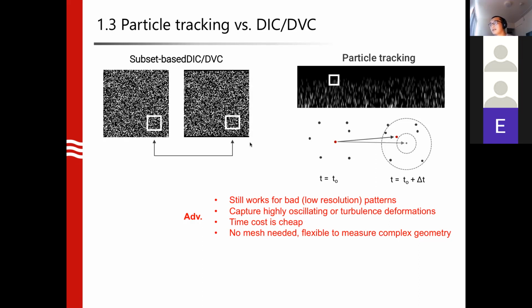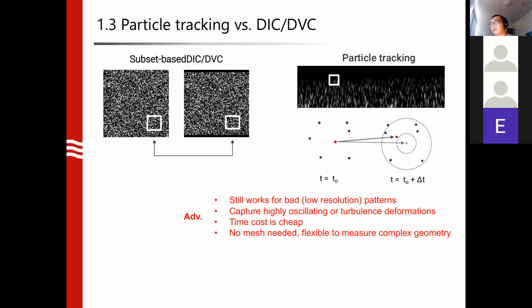Also, when you track subsets, each pixel will count. For the particle, you just track the centroid of the particle, so the cost is much cheaper. Similarly, for DIC and DVC you need a mesh where the nodal points are tracked. For particle tracking, you don't need such a mesh. So it can be easily, naturally combined with mesh-free methods, like the material point method, or other methods that can handle very complex geometry.